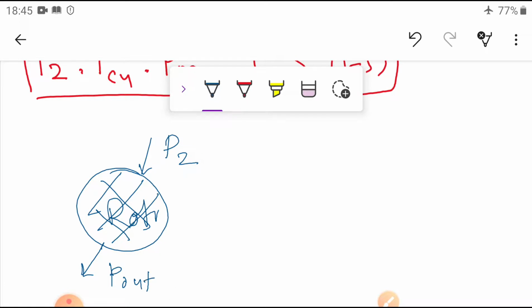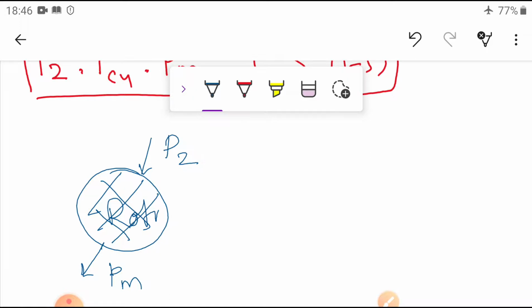Sometimes we write this as PM, the mechanical output. This is the mechanical energy. Then if you know the input and output, we can calculate the percentage.